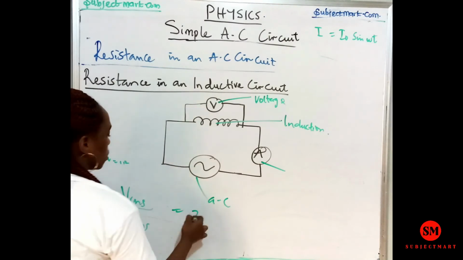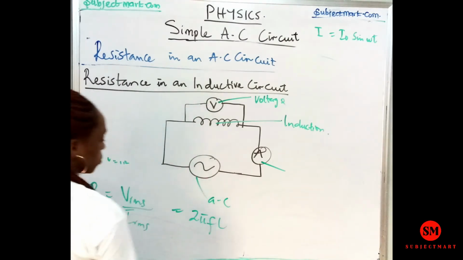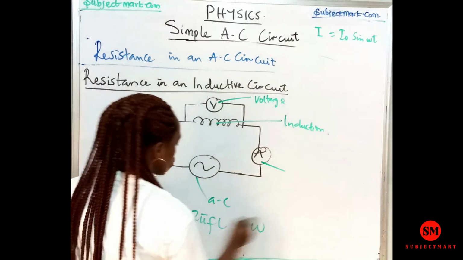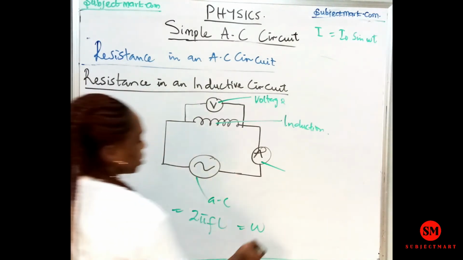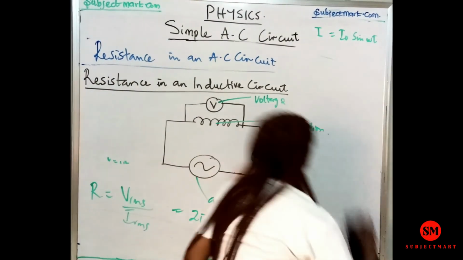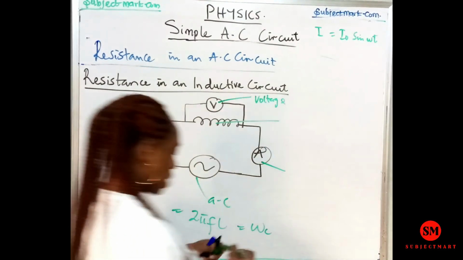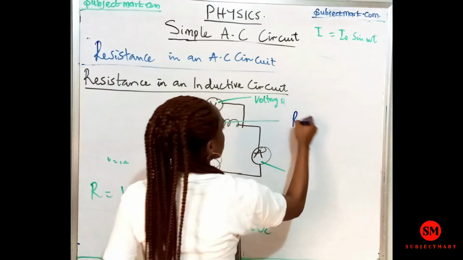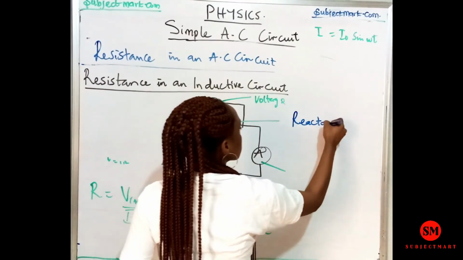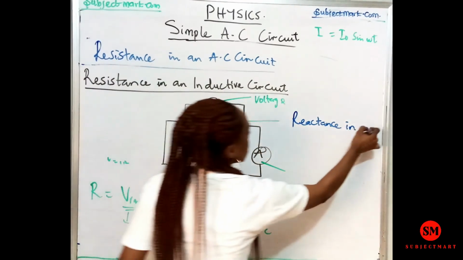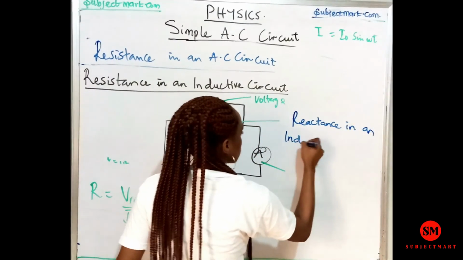which is the same thing as 2 pi f L. I can as well write it as W L. You know 2 pi f is W. So in other words, the reactance in an inductive circuit.